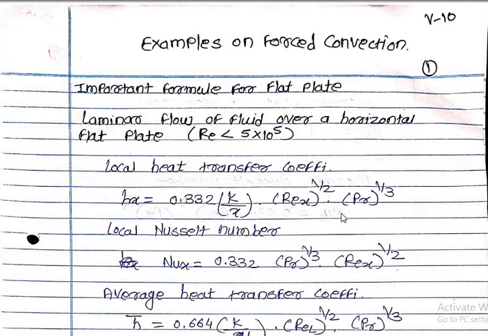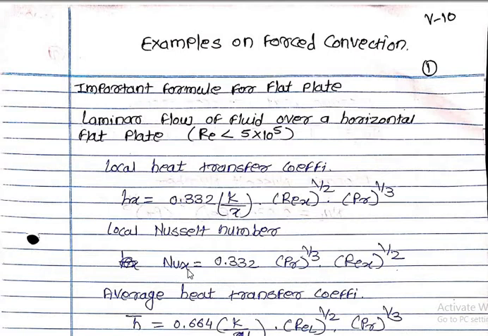In the same manner, the local Nusselt number we can derive by using the local heat transfer coefficient. The local Nusselt number is the local heat transfer coefficient multiplied by the distance from the leading edge, x, divided by the thermal conductivity, that is Nu suffix x equal to h suffix x multiplied by x divided by k.